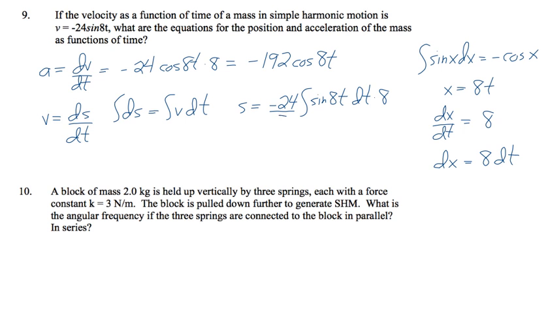You also have to divide by 8 so that I haven't changed the value of what I had there. I'm basically multiplying by 1, since 8 over 8 is 1. I'm just putting it in places to make it fit my integral.